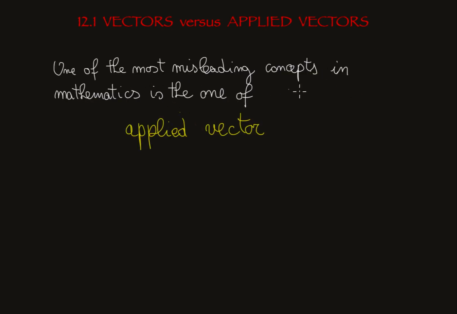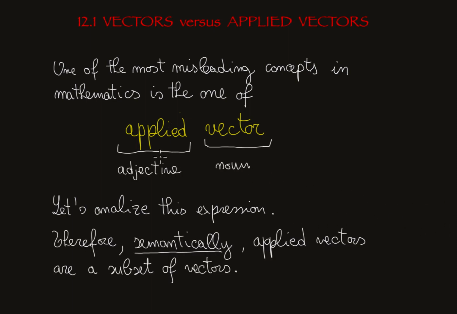One of the most misleading concepts in mathematics is the one of applied vector. Let's analyze this expression. So applied vector is comprising two words. The first is an adjective, applied, and then a noun, vector.